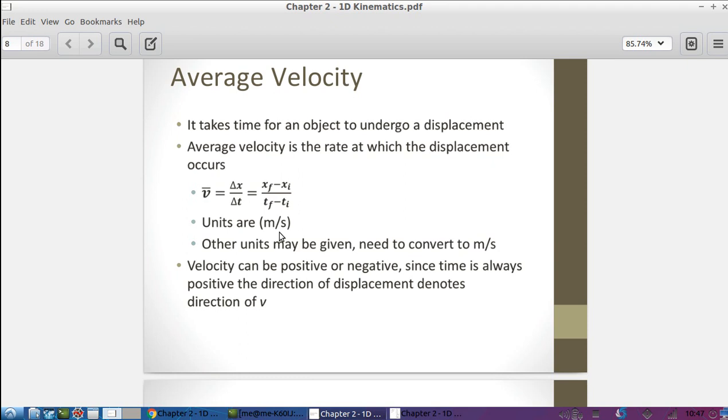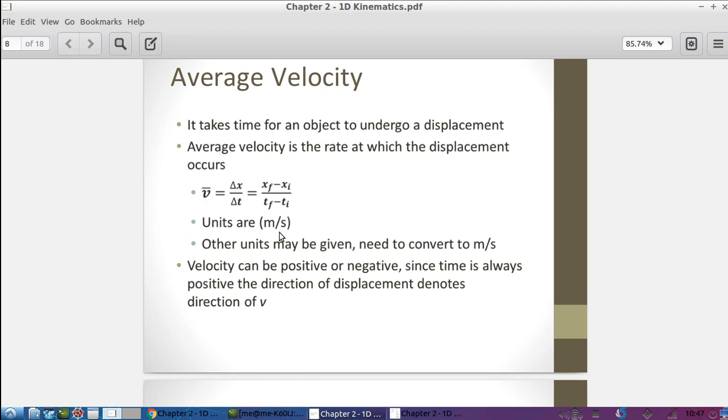Okay, so I could look up some conversions. If I wanted to figure out what my velocity was in meters per second, I could convert the miles to meters, the hours to seconds, and then I'd have a velocity in SI units. Usually I try to just stick with SI units, but again, this is a ratio. This is a rate of change of displacement over time.